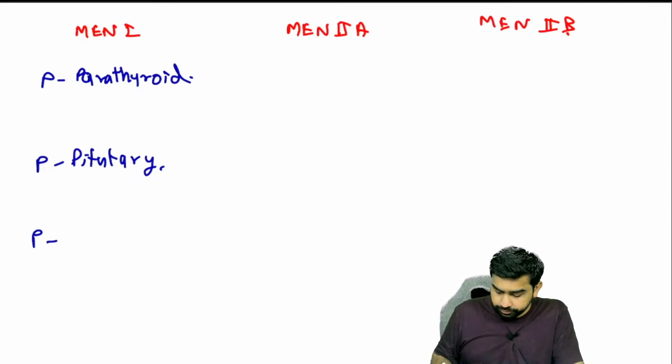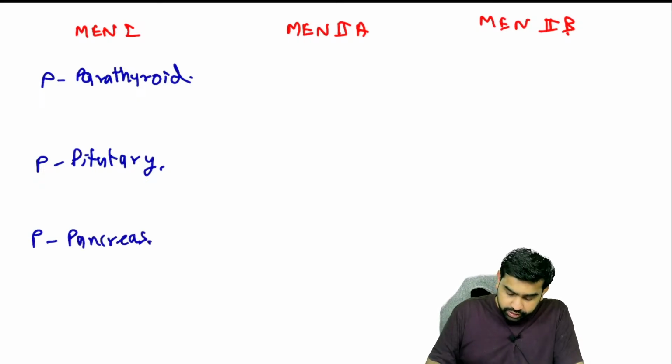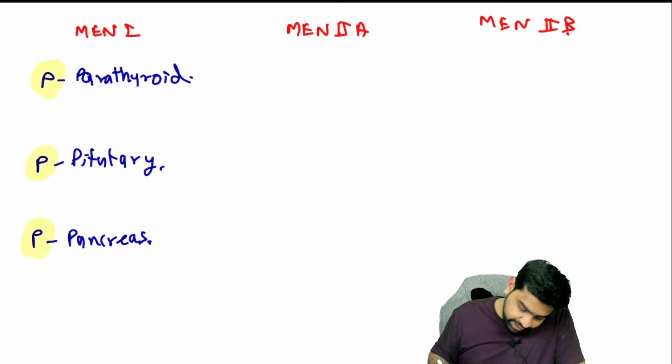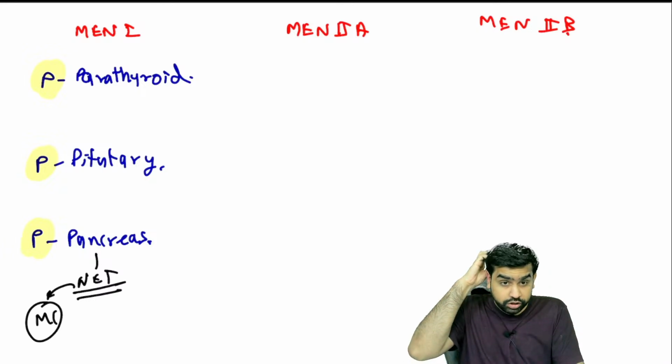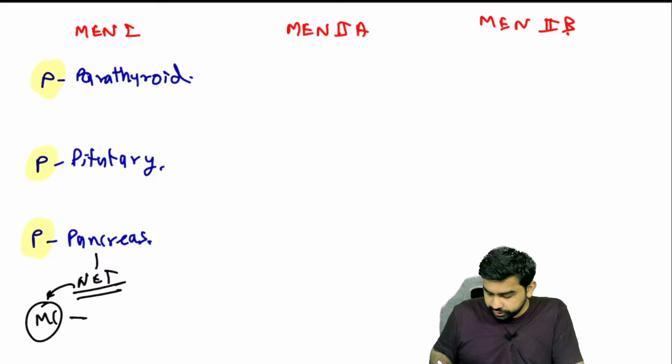And then we have the pancreas. In the pancreas, what you basically get is pancreatic neuroendocrine tumors. So these are the 3 things which you get over here. Which is the most common pancreatic neuroendocrine tumor present in the MEN1 syndrome? The answer over here is gastrinoma.